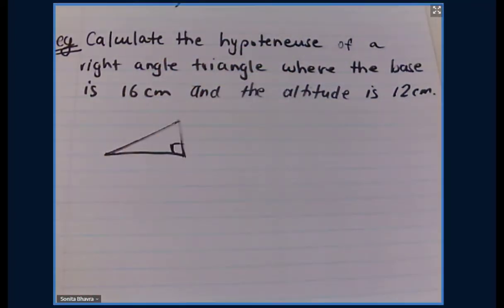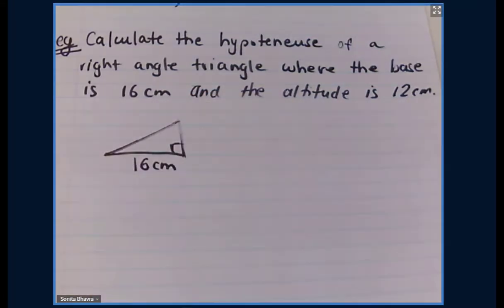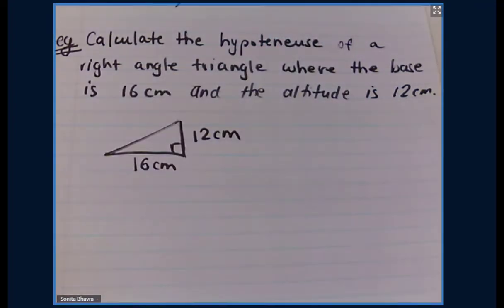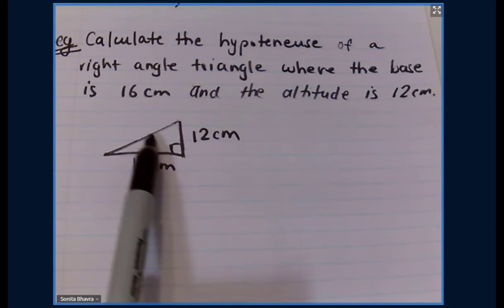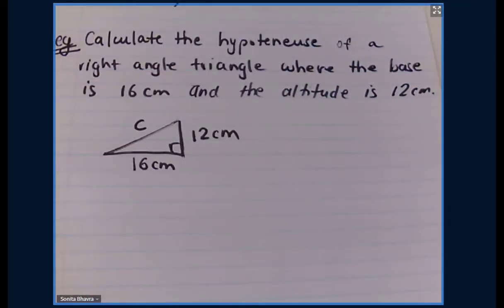All right, so there's my right triangle, and we know that the base is 16 centimeters. I'm going to label the base 16 centimeters. We know that the altitude is 12 centimeters. And we are trying to calculate the hypotenuse. So across from the right angle is our hypotenuse. So I'm just going to label it c. That's the one we are trying to solve for.